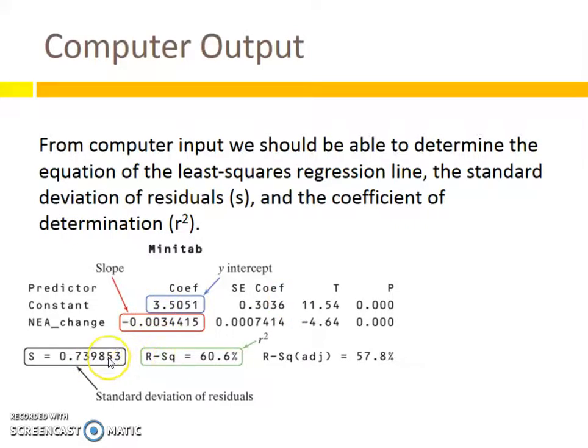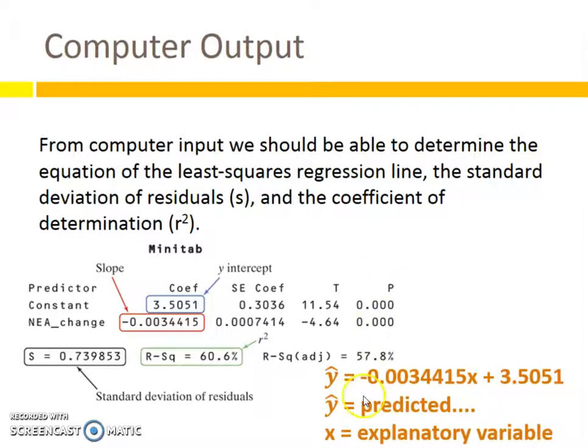And these two down here, these ones are a little easier to identify. S is my standard deviation. R squared should be obvious what that is. Okay? So if you wanted to write your equation, right, y hat equals, and again, this is in the wrong order, but you get the idea. Defining your variables, whatever they may be.